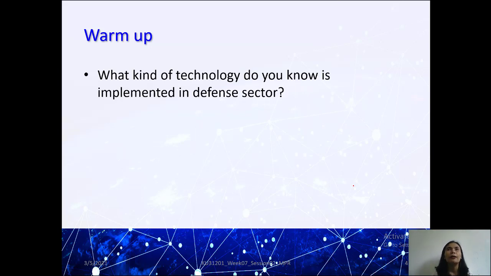And for IT students, probably radar, infrared detecting people, something like that, I reckon can become an alternative technology used in defense technology. So think of one kind of technology that you know can be implemented in defense technology. Later we will discuss this answer in our practicum session.